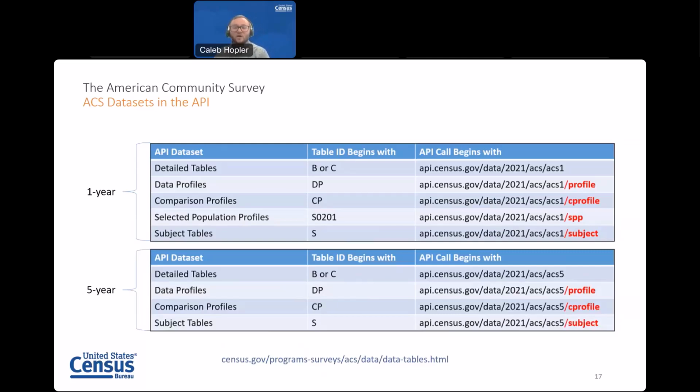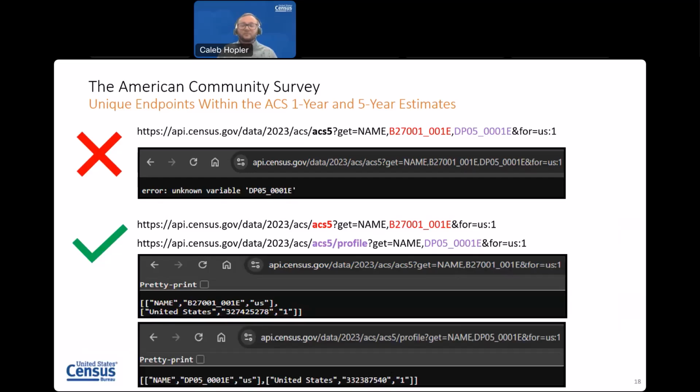Now, shortly, I will show how to build an API call using a data profile, which has an endpoint of /profile, as you see in row 2 of either the 1-year or 5-year table here on the screen. After you put the beginning of the call, then it'll get followed by $get, the variables, and the geographies. But again, I'll show that momentarily.